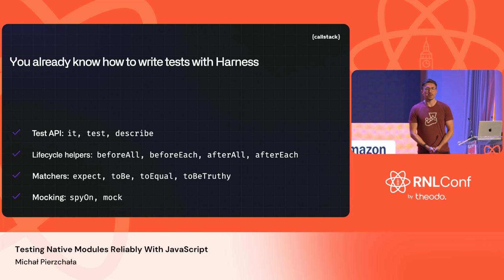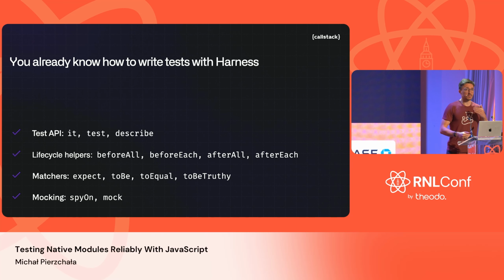So you already know how to write tests with Harness, because it's just the same way as you would write them with Jest. So only imports are changing. You have the test API, you have lifecycle helpers, you have matchers, and you also have mocking if you like. And this is all powered by Vitest helpers under the hood because they're isomorphic.